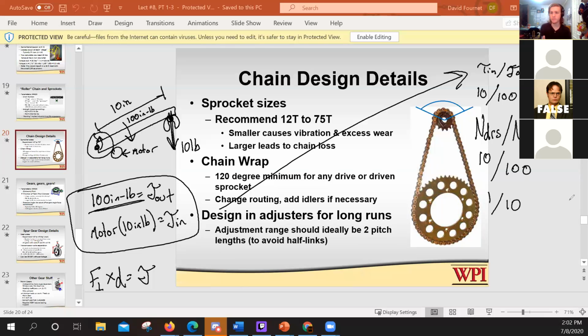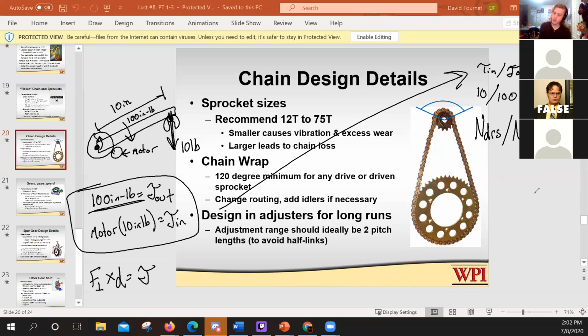Typically, you will have certain gears that are available to you. I believe in FTC, you have like a 12 tooth and a 75 tooth and maybe a 30 tooth, stuff like that. So you'll have certain options, right? And you'll have to decide which gears to use based off of what you need.